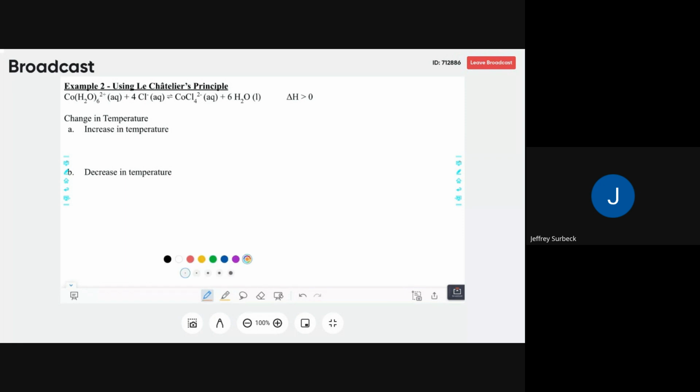Let's use red because we're talking about heat. If we have a positive delta H, which is just enthalpy, or for us, heat change, if delta H is positive, then heat is on the reactant side.